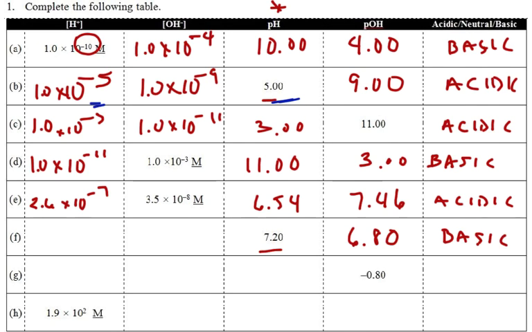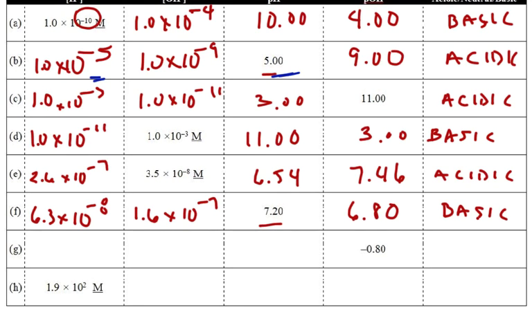My H plus concentration comes out to be 6.3 times 10 to the negative 8. No, it isn't. It's taking 10 to the negative 7.2. And to get my other number, I'm going to figure that's 1.6 times 10 to the negative 7. And again, those are slightly rounded off.